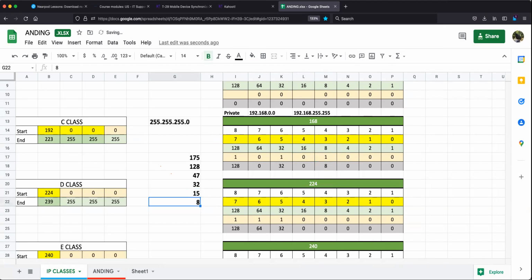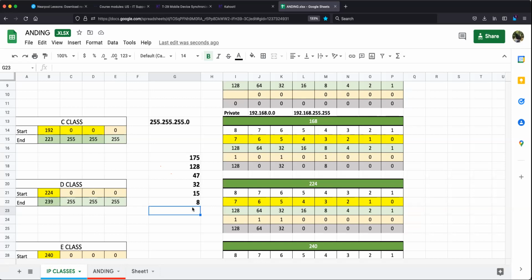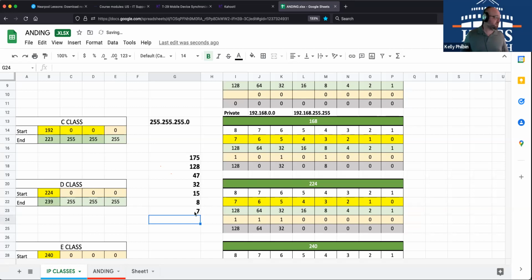My apologies. We can't take 16 away from 15. Oh, yeah. Okay. That's what we were doing. So 15 minus 8 equals 7.